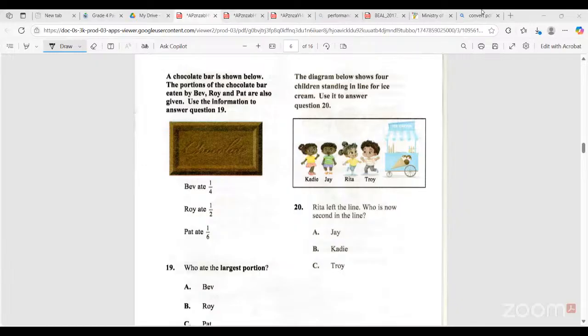You can skip over to 20. The diagram shows 4 children standing in line for ice cream. Rita left the line. Who is now second in the line?